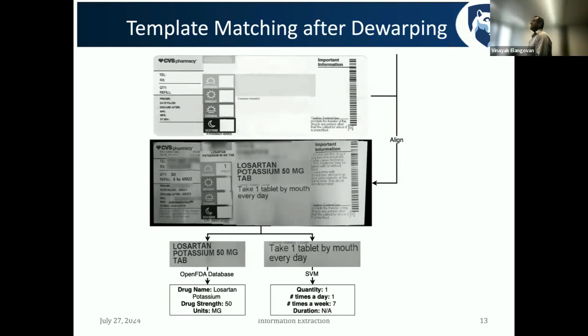Or if I want to find out who was the doctor who prescribed it, I can find that. So the 80-year-old grandma, if she wants to find out what pill tablet this is and how many pills she has to take every day, she can get all that information. So that's what we did.